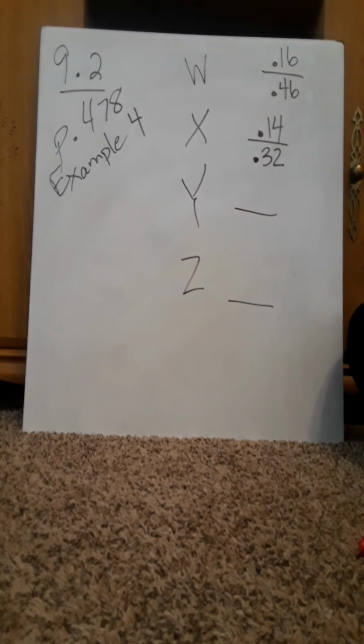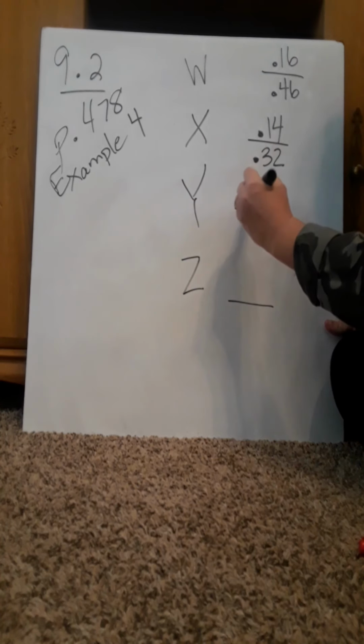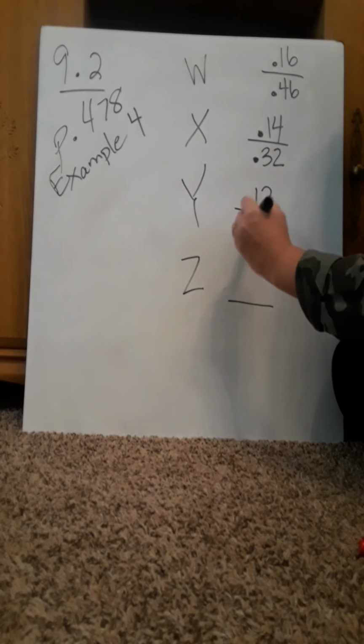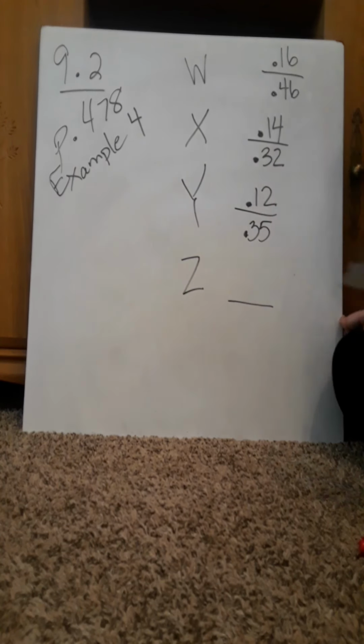Now do the same thing for Y. The probability that they bought Y is 12%, or 0.12, over the number of things in the condition. The condition is that they searched it. The probability that they searched product Y is 35%. As a decimal, that's 0.35.